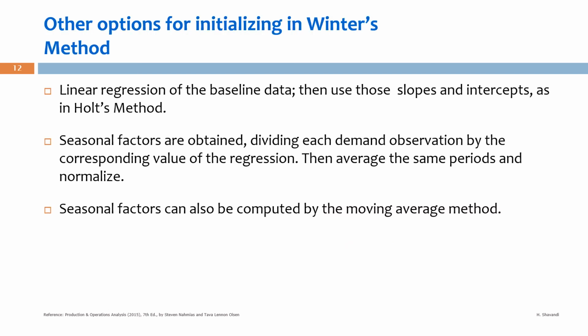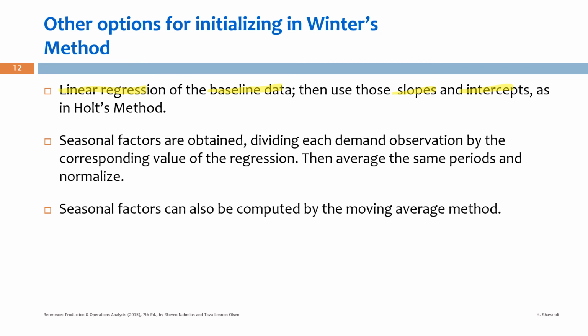The procedure that we had in the previous slides is one of the methods that can be applied here. For example, we can apply linear regression to the baseline data, if we assume the first 2 seasons or more than 2 seasons as the baseline data for learning. We can obtain slopes and intercepts as we did in the Holt method.